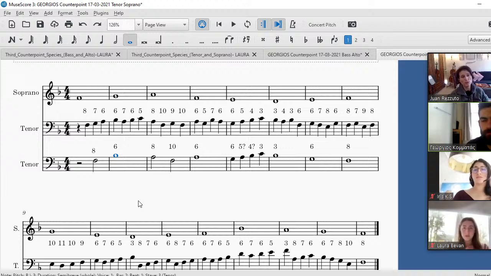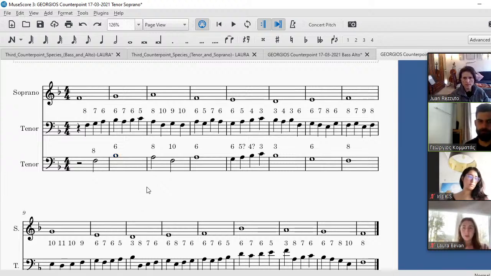Because when it cannot be reduced, you need that linear intention to go from point A to point B. That's why you need a scale or a scalic passage. So think about it. Okay.